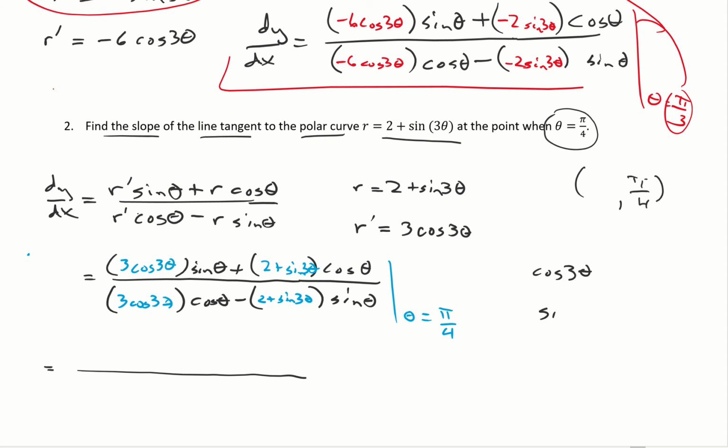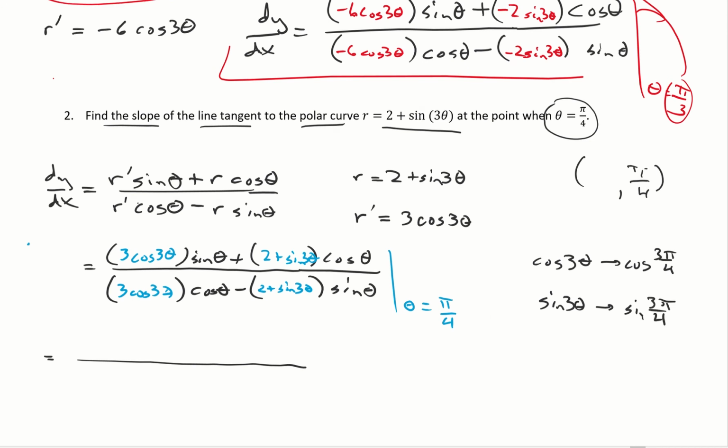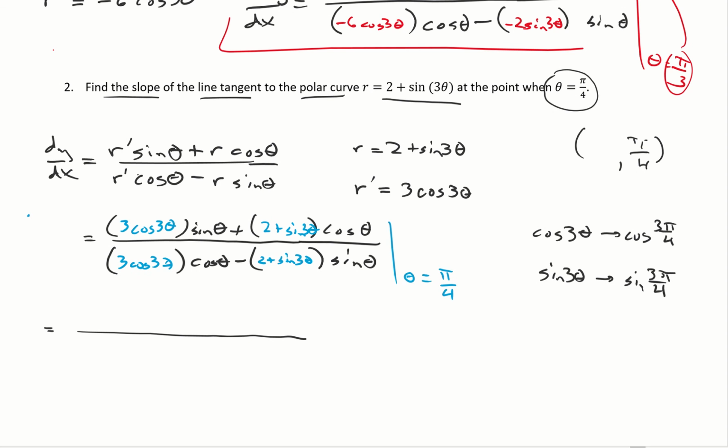I also have sine 3 theta. Well, when theta is pi over 4, it becomes cosine of 3 pi over 4. So I'm anticipating plugging numbers in. I save ink if I do this, and then sine of 3 pi over 4. Then there's also cosine of pi over 4, etc.